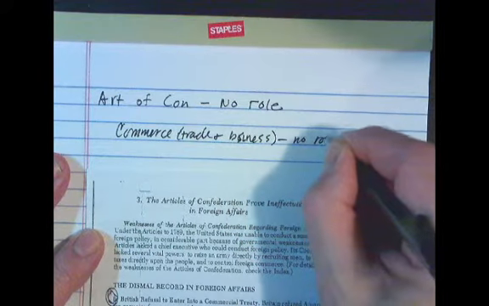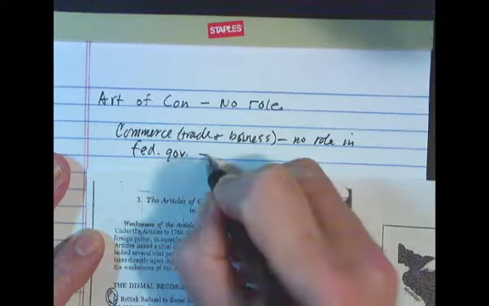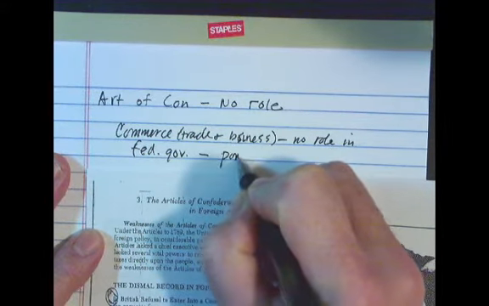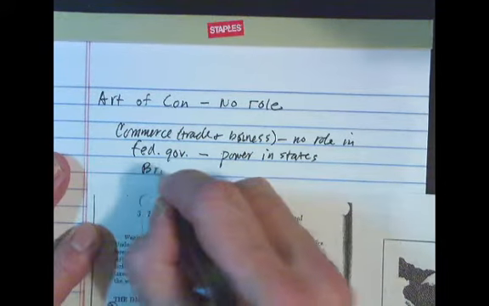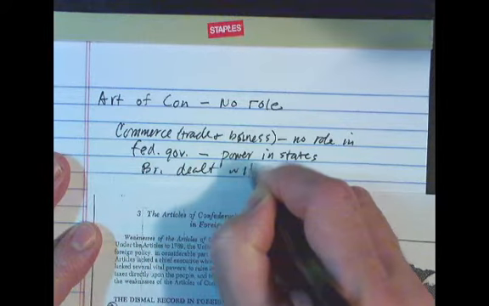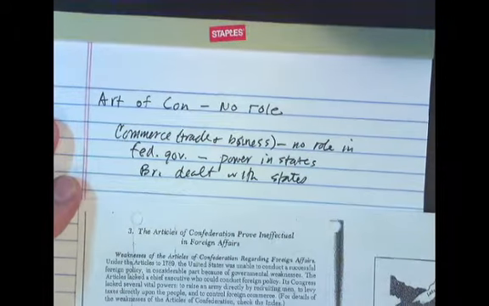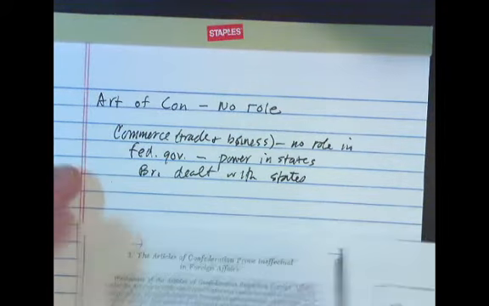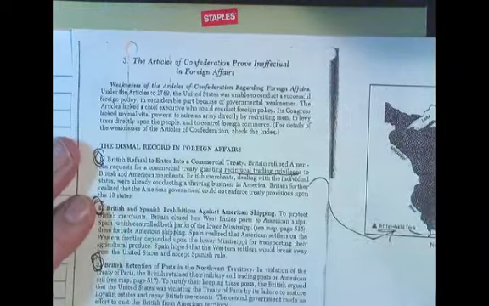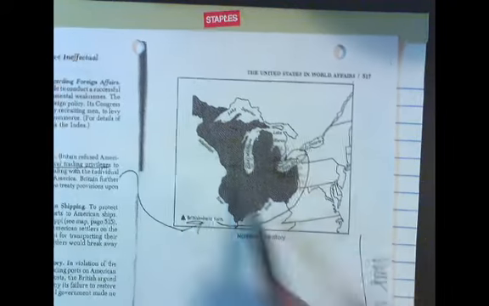No role in federal government. Why? Because power was in the states. So Britain dealt with the states. So I would say that's no role of the federal government. Also, if we look here, there were British on American soil. They kept their forts. If you remember this little map, they kept their forts in there.